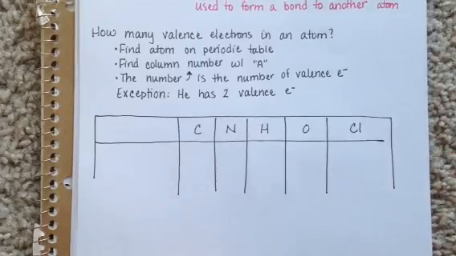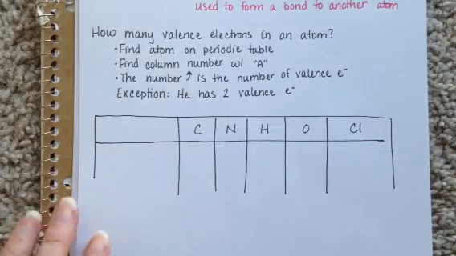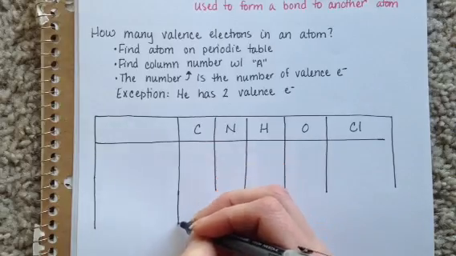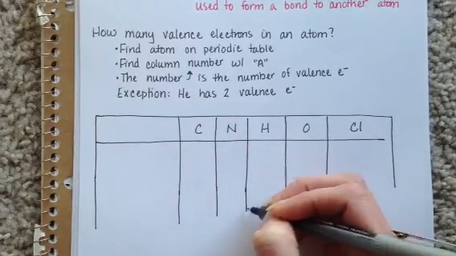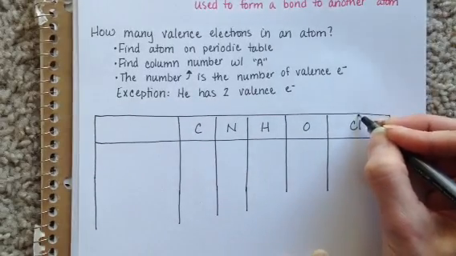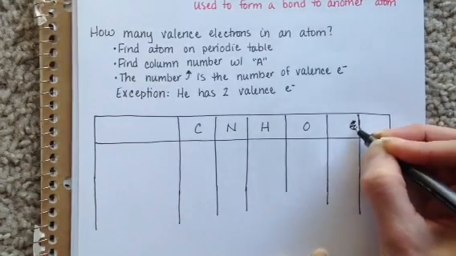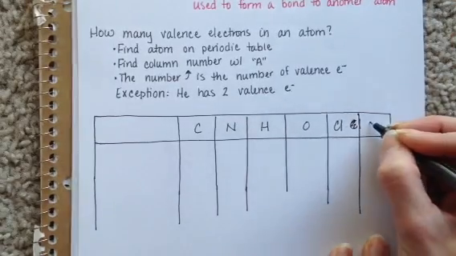I left a lot of room over there. Actually, I changed my mind. I'm going to make this into 2 columns. We'll do chlorine, and we're going to do neon.